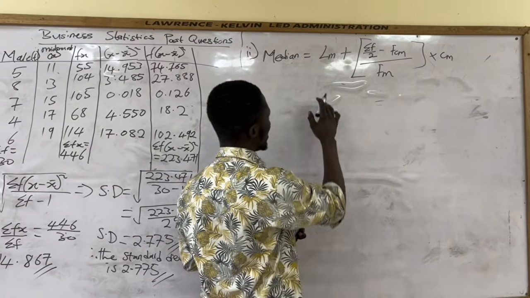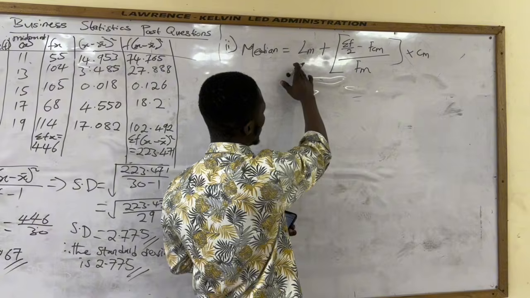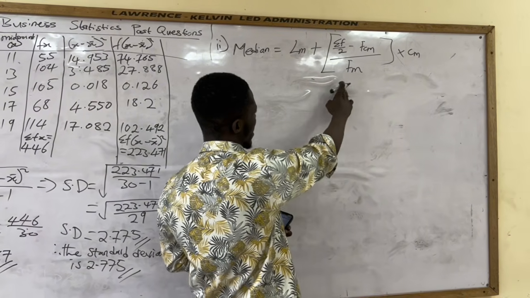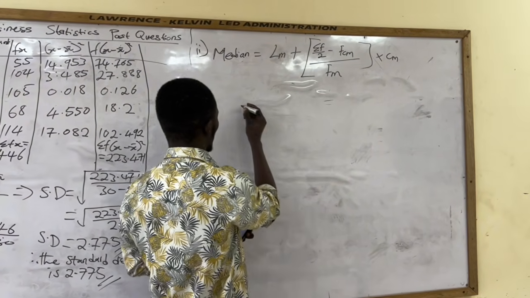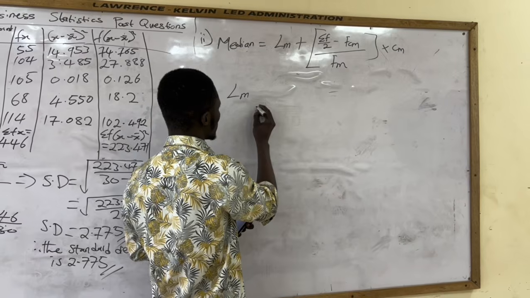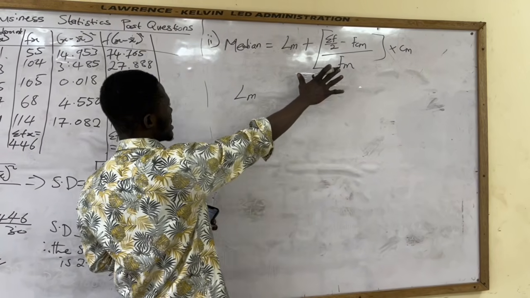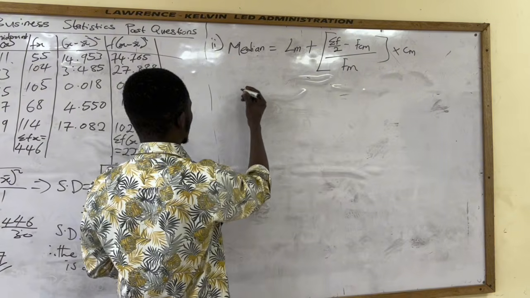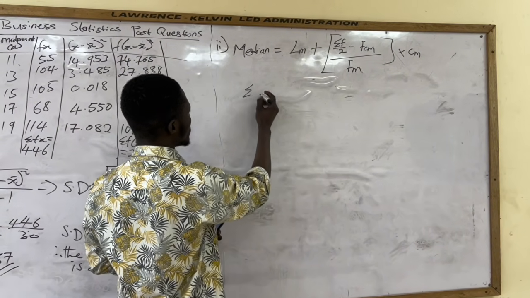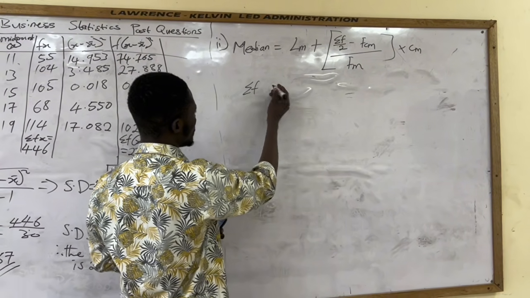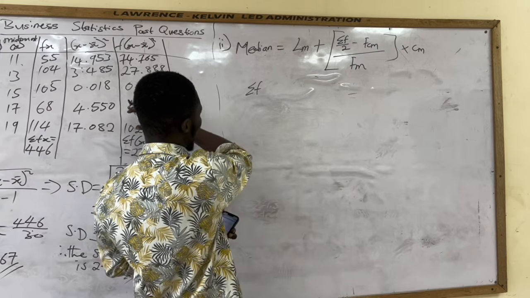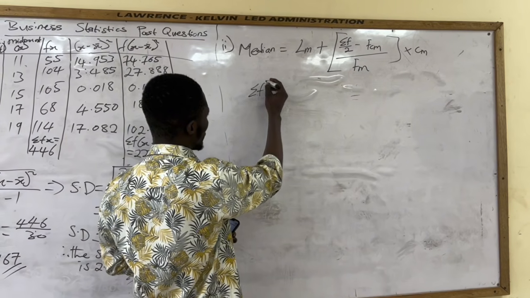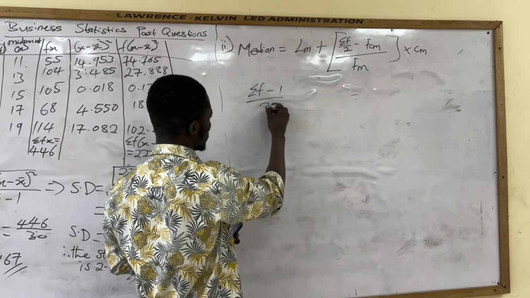Okay, now let's look at the meaning of the LM, FCM, FM, and then the CM. But after setting the formula, before that, let me calculate for this. So our position, the median class, okay. So the sigma F plus 1 divided by 2.